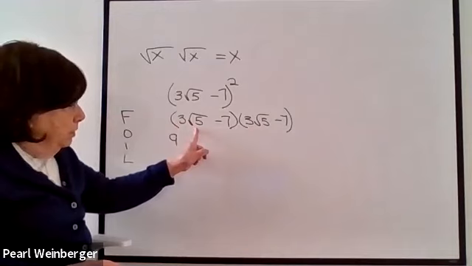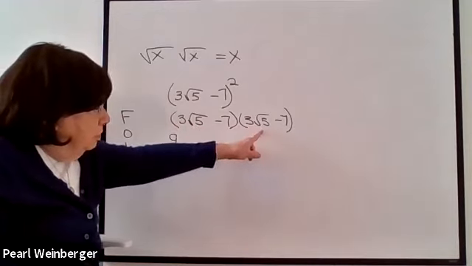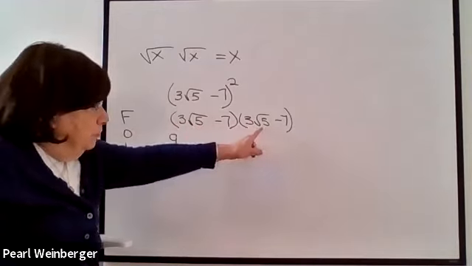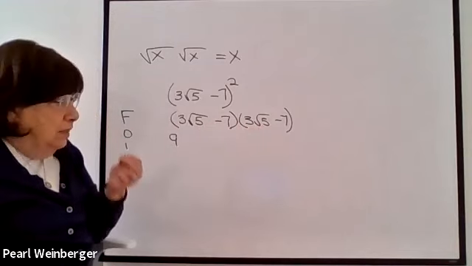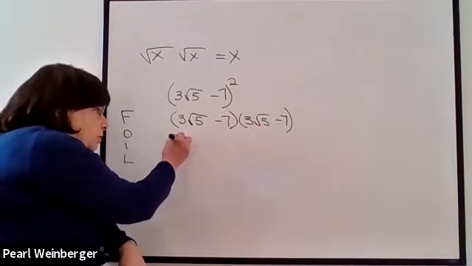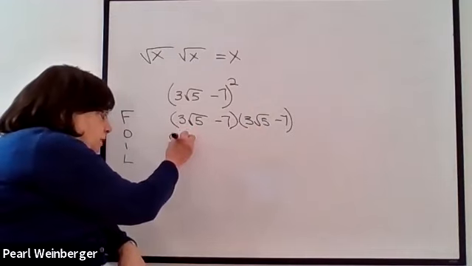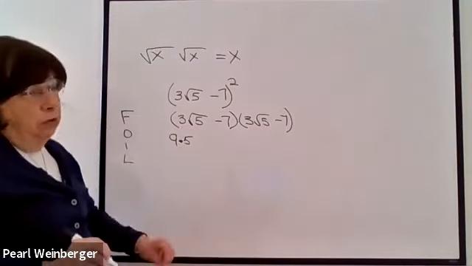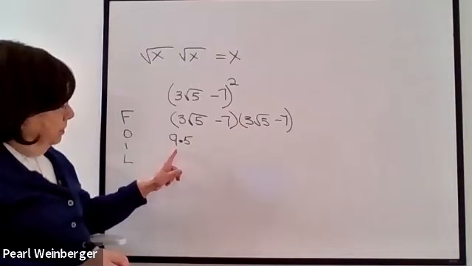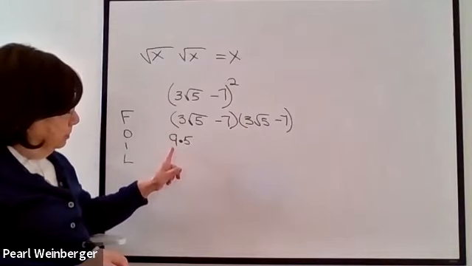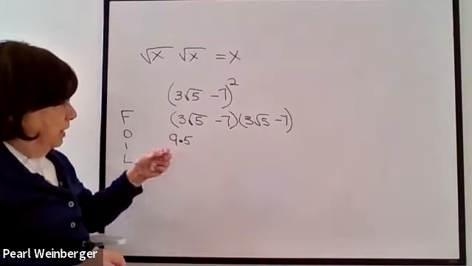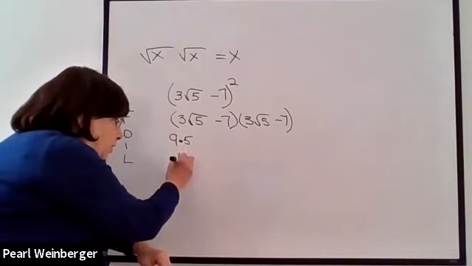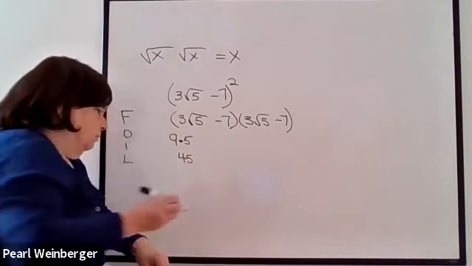Whenever I'm multiplying a number by itself, radical 5 times radical 5, the same exact number, it just gets rid of the radicals. That is just plain 5, no longer in the radical. So this first term turns out to be 9 times 5, which is just plain 45. There are no radicals there.